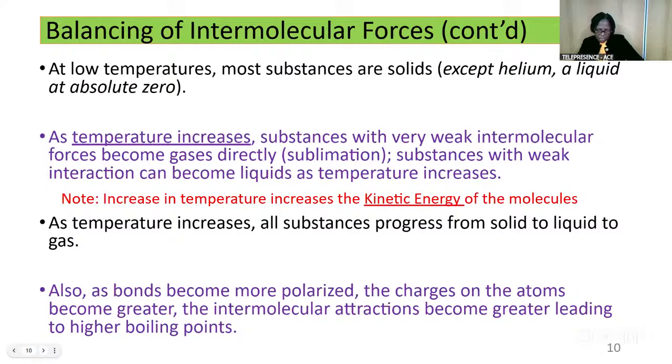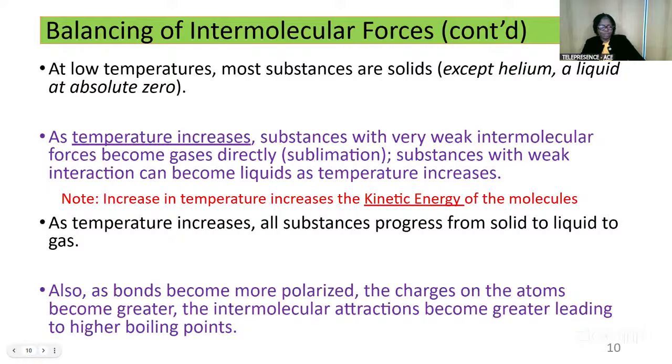And as the temperature increases, all substances, no matter how strong it is, can go from solid to liquid and then to gas. Also, it is important to know that as bonds become more polarized, the charges on the atoms become greater, the intermolecular attractions become greater, leading to higher boiling points.